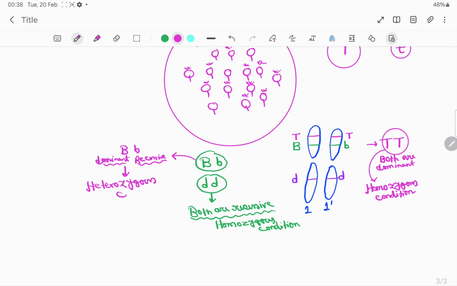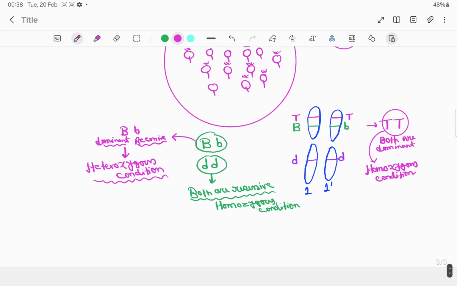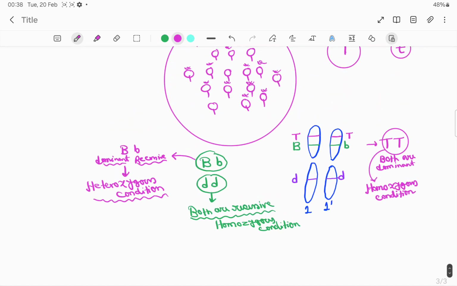Is it clear? Now I hope you have understood what is an allele, what is the homozygous condition, what is a homologous chromosome, and the heterozygous condition.